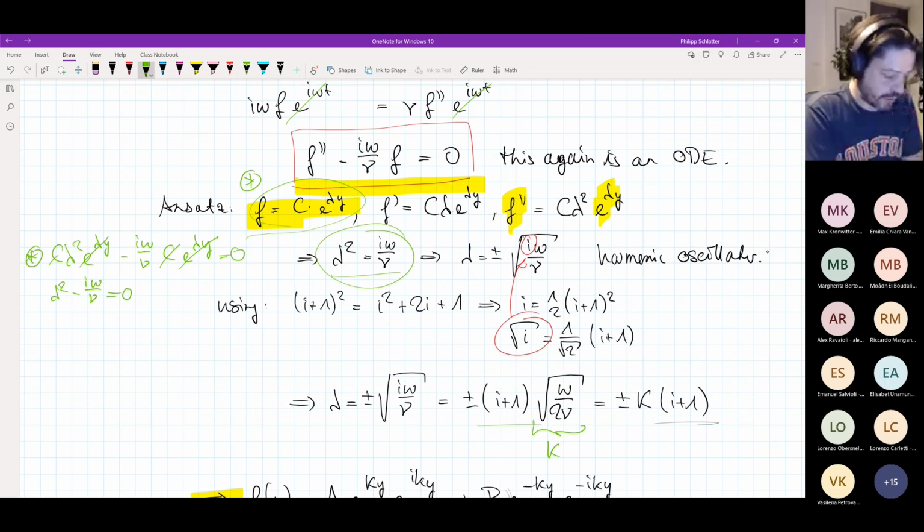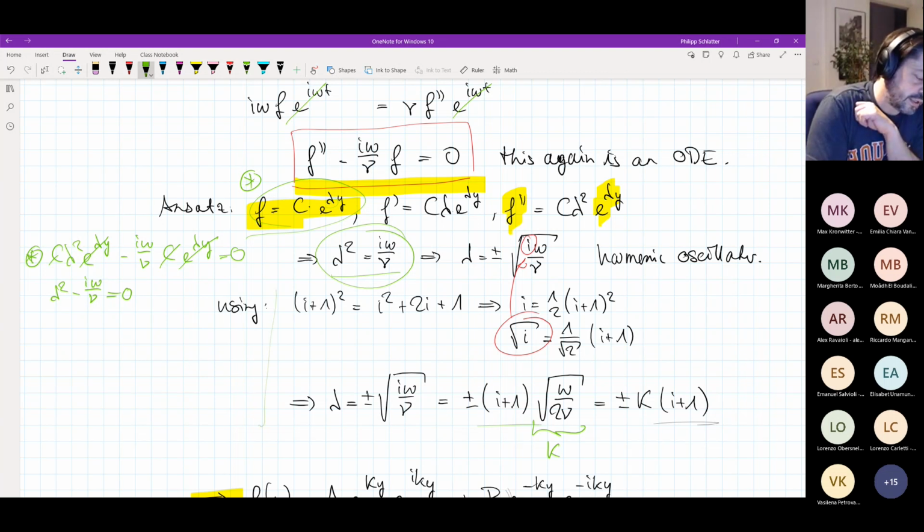This I can solve. I can take the square root, and then I get this lambda being plus or minus of this. So that means the two solutions for lambda here are plus or minus the square root of i omega divided by nu.